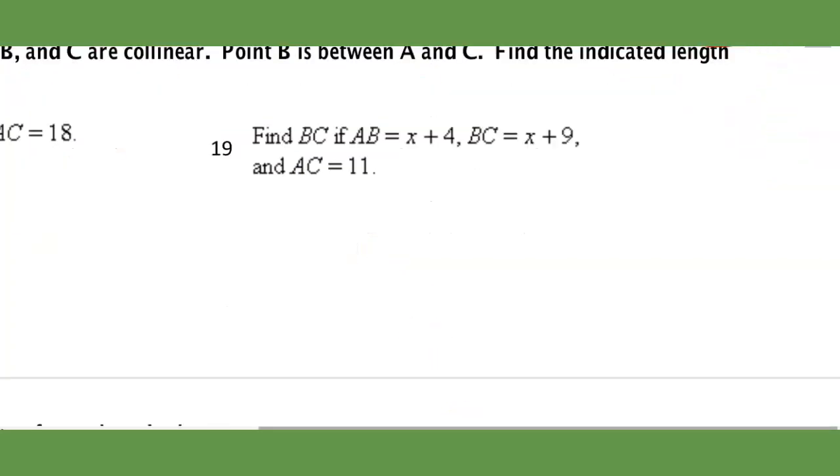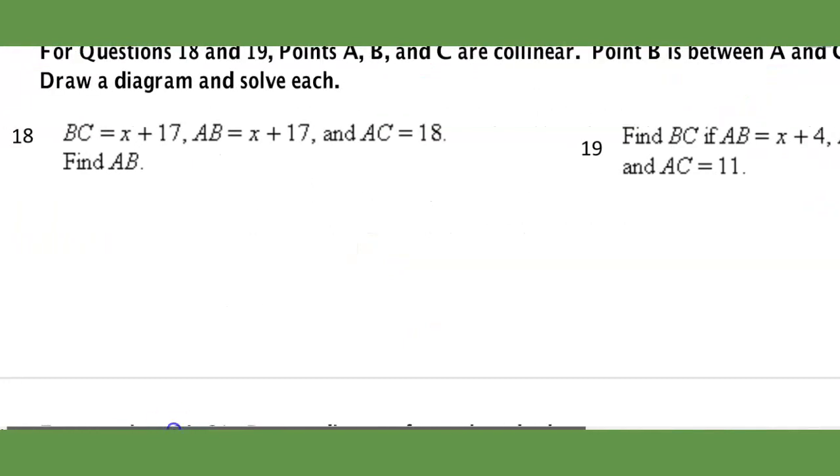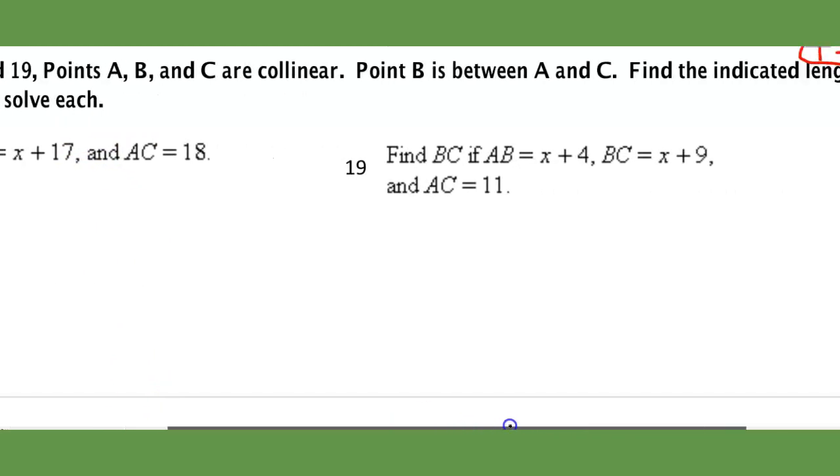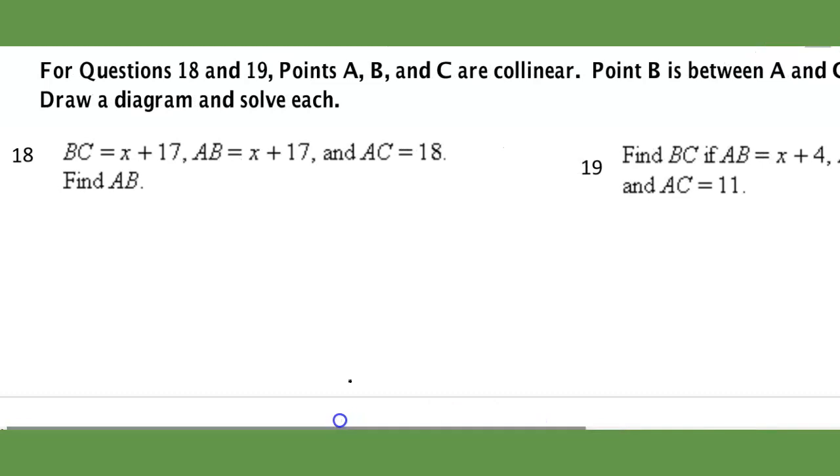Okay, let's do some more of these, but with no graph given, so we have to sketch it out. So it says that A, B, and C are collinear, so they're on the same line. B is between A and C. So it's important that we have a good, accurate diagram before we begin.